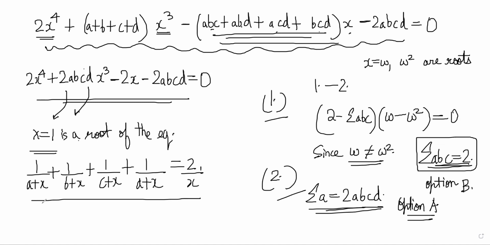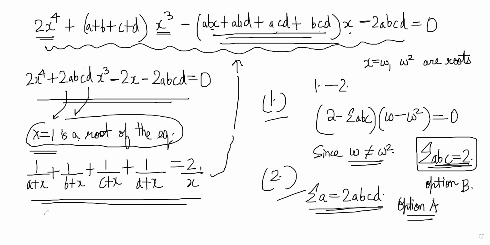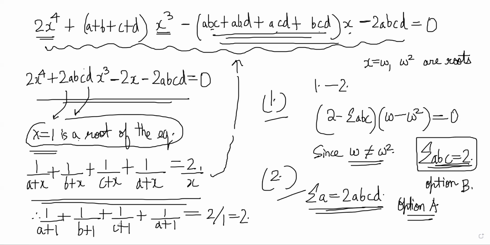We have deduced everything by starting from here and bringing it into this form. But now we know that x is equal to 1 is a root. So therefore 1 by a plus 1 plus 1 by b plus 1 plus 1 by c plus 1 plus 1 by d plus 1 must be equal to 2 by 1, or 2, which is the third part of the problem that we needed to find, right?